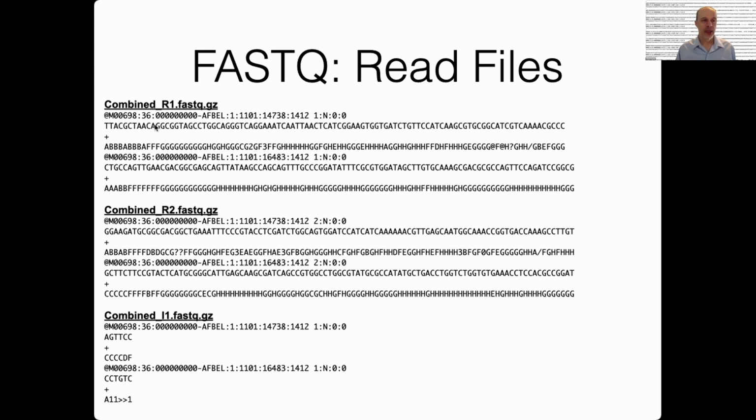So this first read in the R1 file, the forward read in the pair, goes with this reverse read in the R2 file, and this barcode sequence in the I1 file.